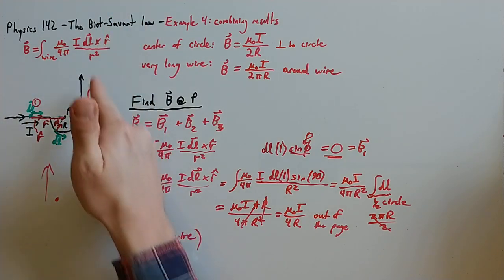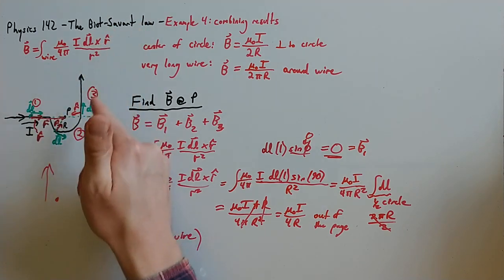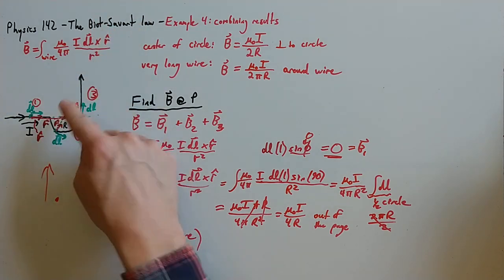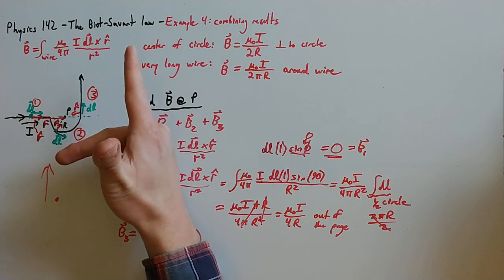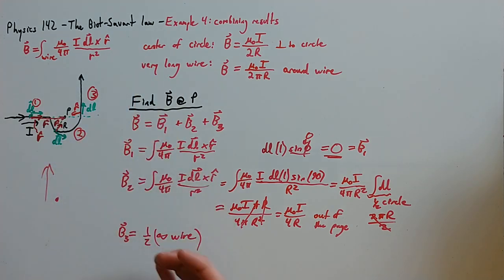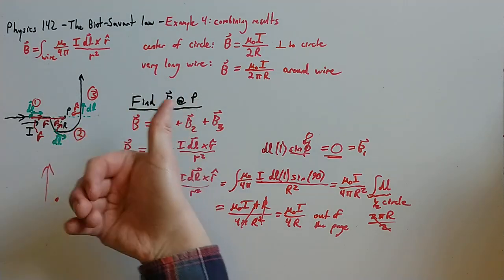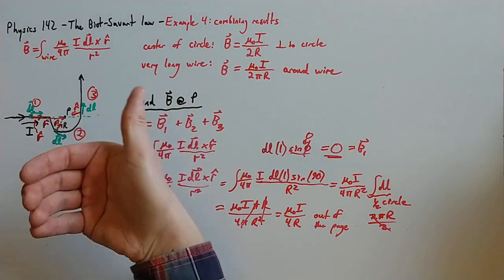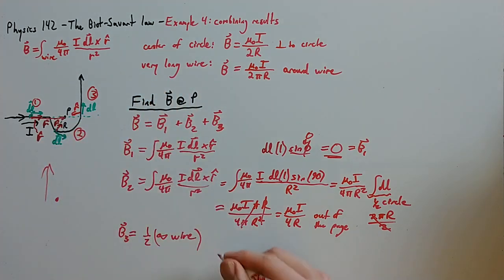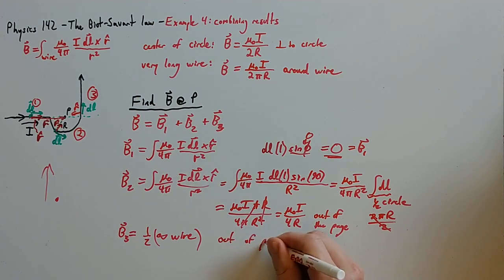So this is always going to create a magnetic field that's out of the page at point P. You can see my thumb is pointing up out of the page. That also makes some sense. If I put my thumb along the wire and curl my fingers at P, my fingers would be coming up, so the direction is going to be out of the page.